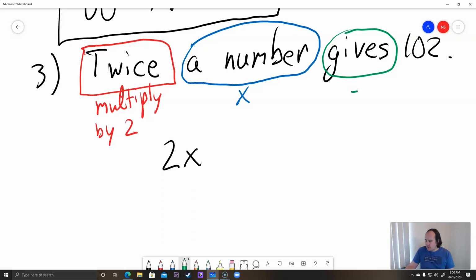Any of those all mean equals. So what we have here is 2x equals 102. And by the way, on these examples, they still aren't asking us to solve it, so I'm not bothering to solve it. But you could solve these equations, and later on they will be asking you to solve some of the harder ones.